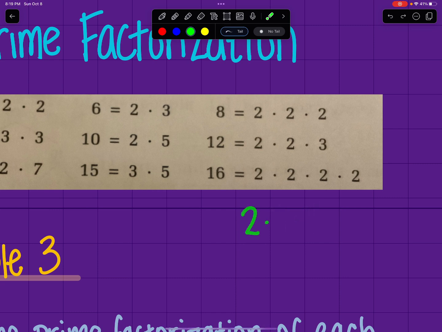It would be 2 times 2 times 2 times 2. So that's the prime factorization of the number 16. When you write a composite number as a product of prime numbers, and you multiply them together to get a composite number, you just did prime factorization of that number.